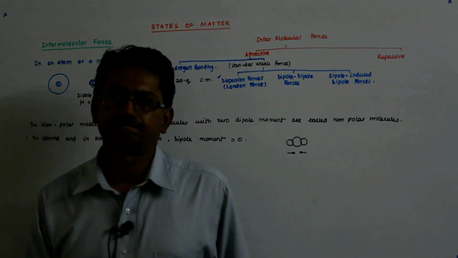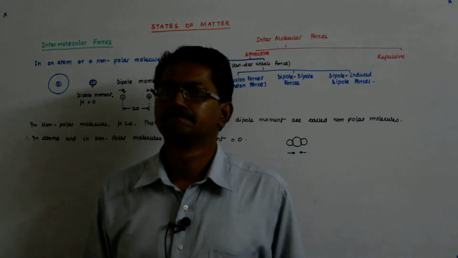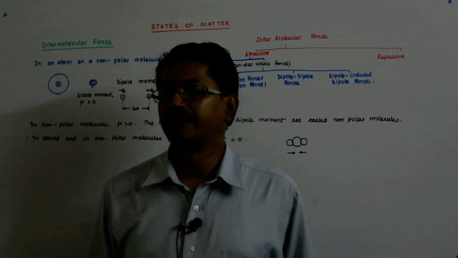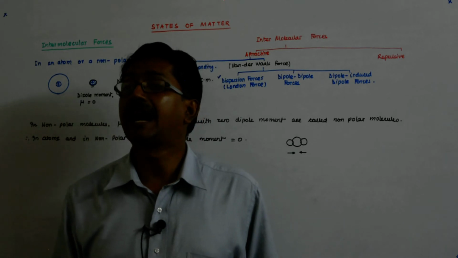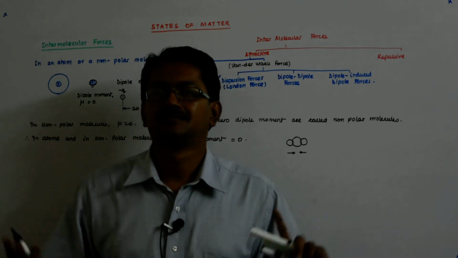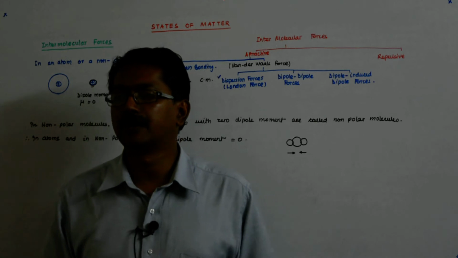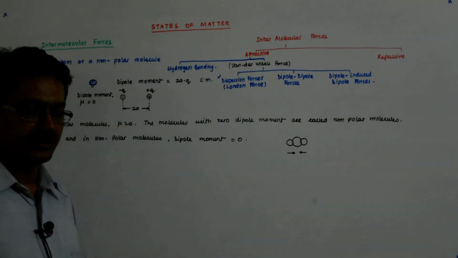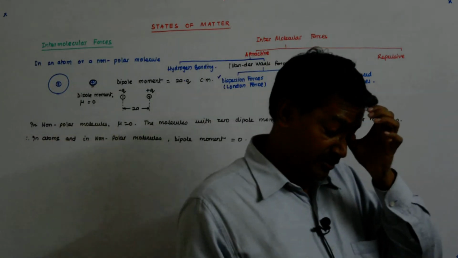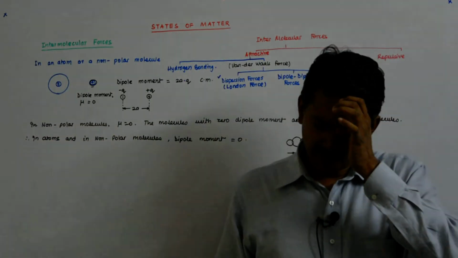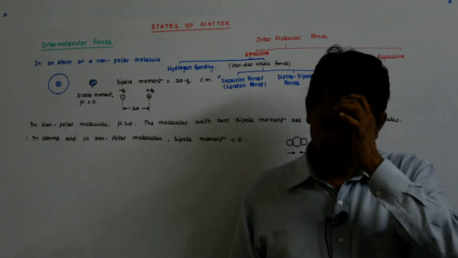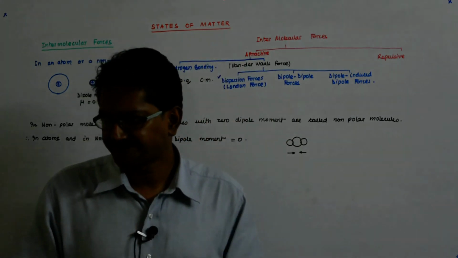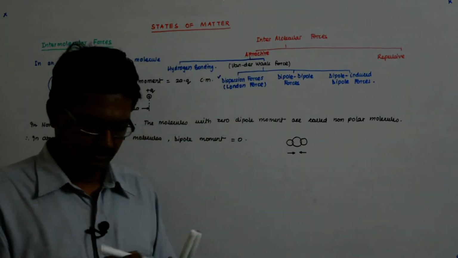Then are there any divalent molecules? Diatomic. You mean to say diatomic? Don't confuse. Okay, diatomic. There can be, no. Then they would be the homogeneous ones.